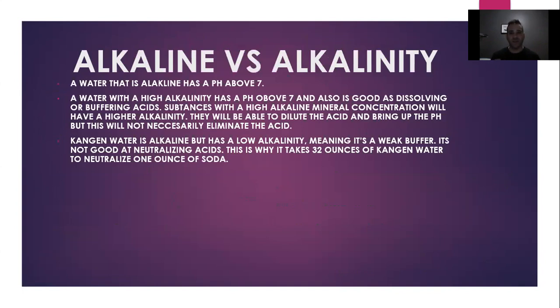It's the fact that in the electrolysis process, which we're going to get into in a later module, we're increasing the amount of hydroxide, the OH negatives, in the water. So in Kangen water, we have an increase of hydroxide, which is causing it to be alkaline. Whereas in bottled water, or if you are making alkaline water chemically, you're just adding in more minerals.